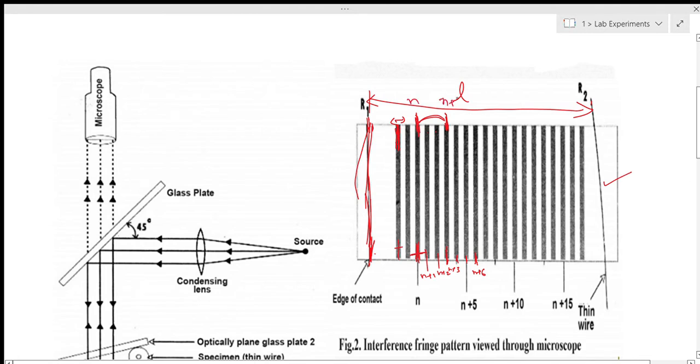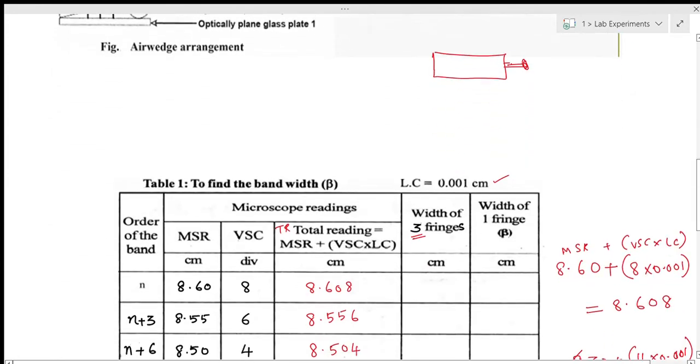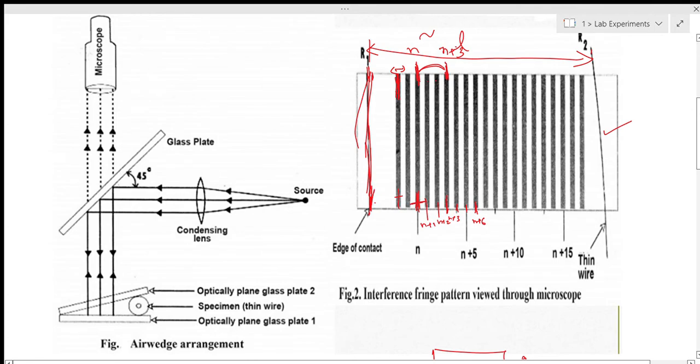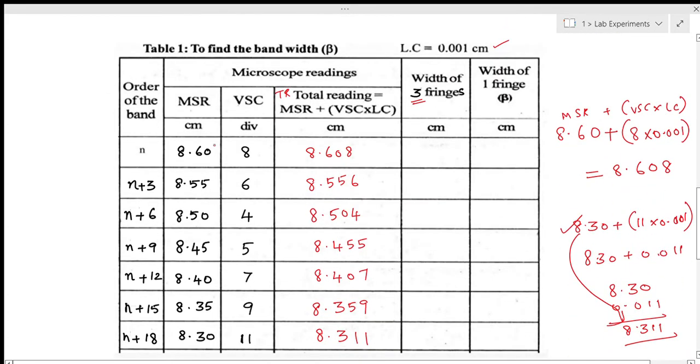So the reading of n minus n plus 3 or the reading of n plus 3 minus n, it depends on what the reading is. Look at the reading here. It is in the decreasing order. So we can go with n minus n plus 3. That is, this minus this will give you 3.